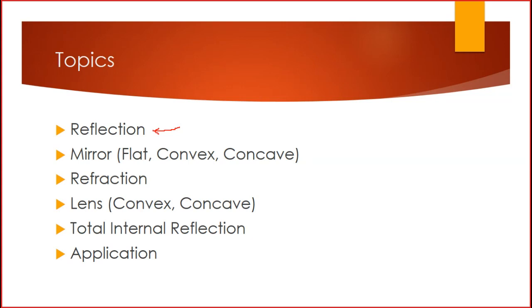We have 3 types of mirror: flat mirror, convex mirror, and concave mirror. After mirrors, we are going to cover refraction, the law of refraction. After that, we are going to cover lenses. We have 2 types of lens, which are convex lens and concave lens. After convex and concave lenses, we are going to cover total internal reflection.